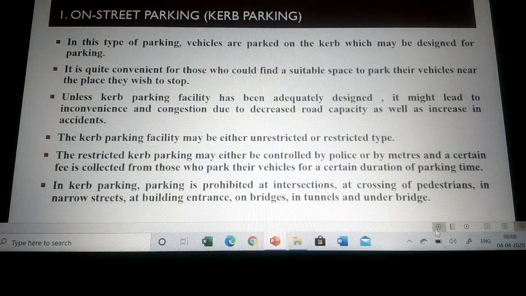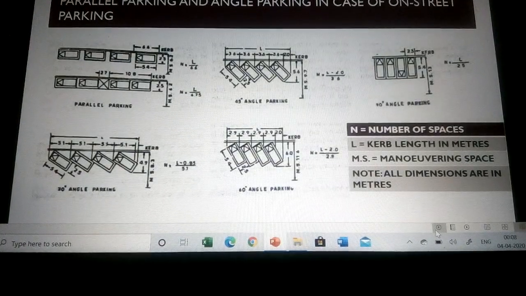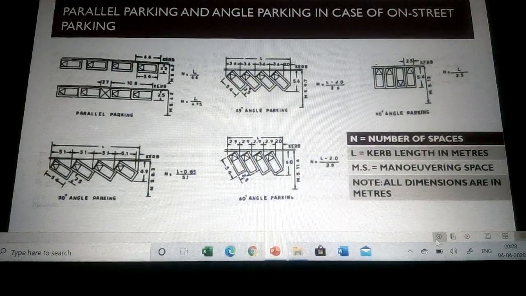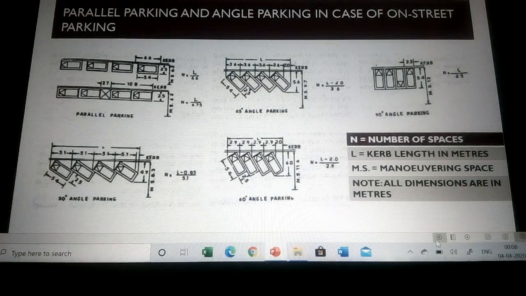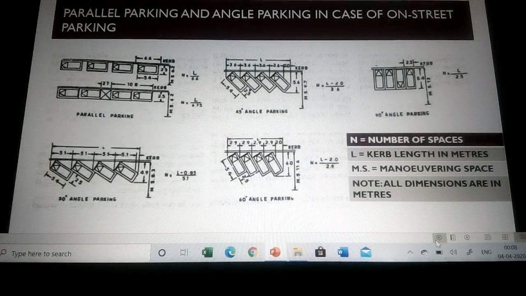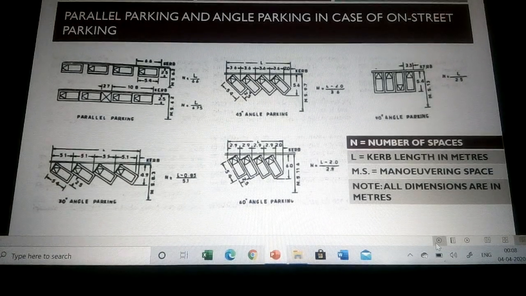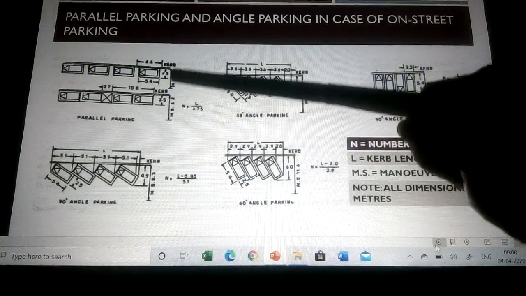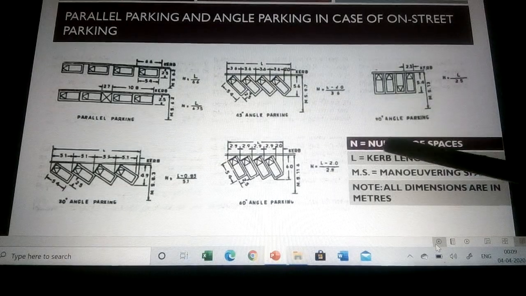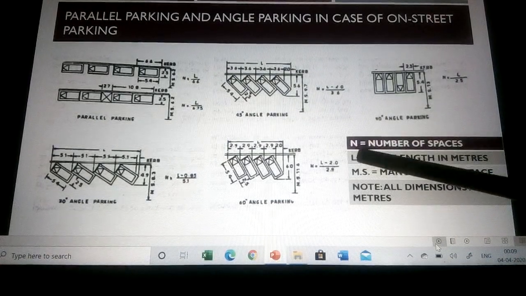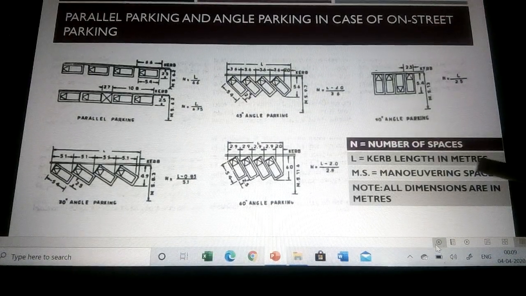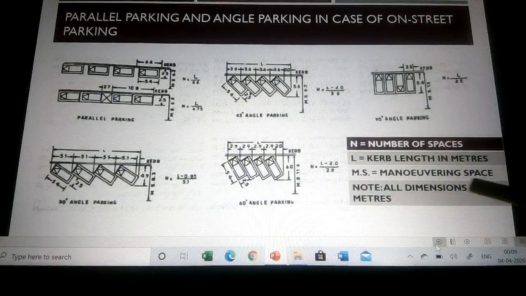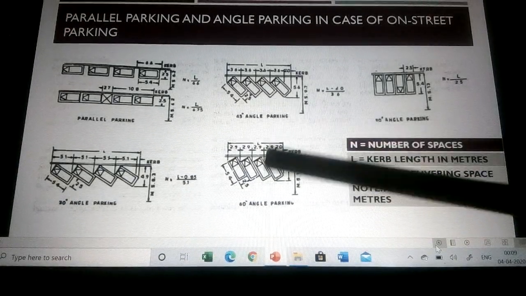So now let's see what are the different methods of curb parking, that is parallel parking and angle parking in case of on-street parking. As we can see here, this is the parallel parking portion. N is the number of spaces, L is the curb length in meters, MS is the maneuvering space, and all dimensions are in meters.